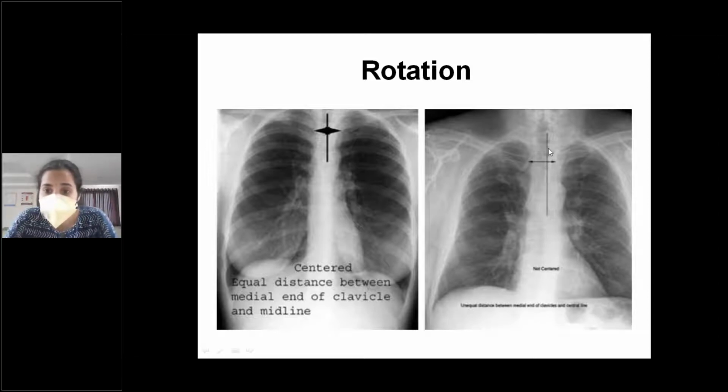If the clavicles are equidistant from this line drawn in the center, that means there is no rotation, and the technician has been experienced and has done a good film without any rotation of the patient. Sometimes we cannot even blame the technician. It can also be the patient's disability or something causing rotation, and he is unable to move. So here this is a well-centered film, and there is an equal distance between the medial end of the clavicle and this line.